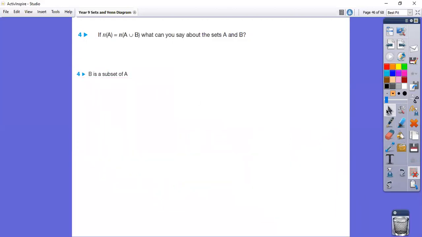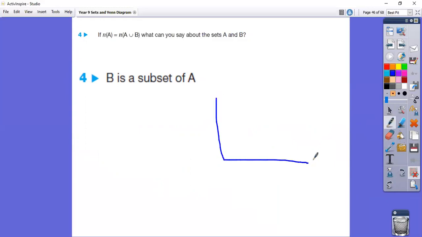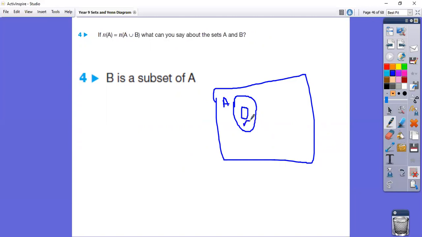So here, we can say that B is a subset of A. If you did a rough sketch, if the number of elements of A is the same as the number of elements of A union B, then B will be a subset. Okay.